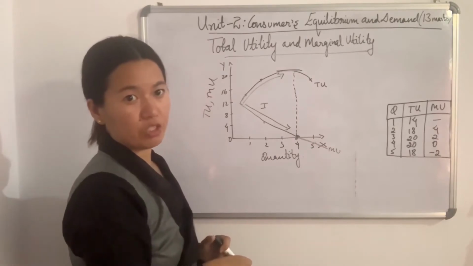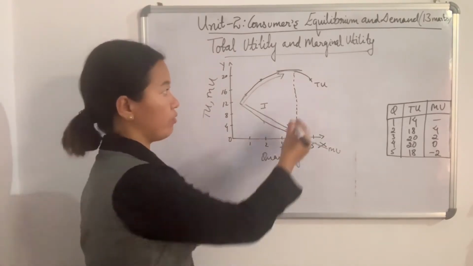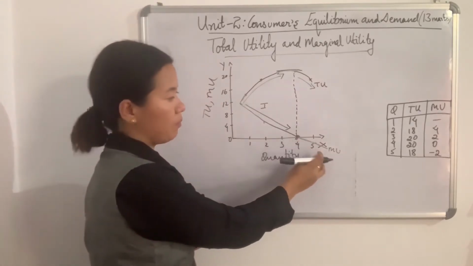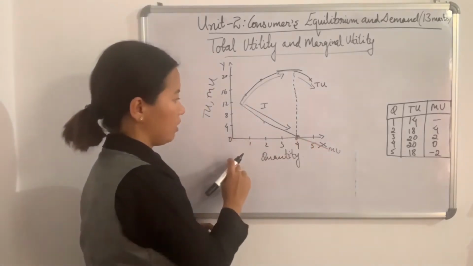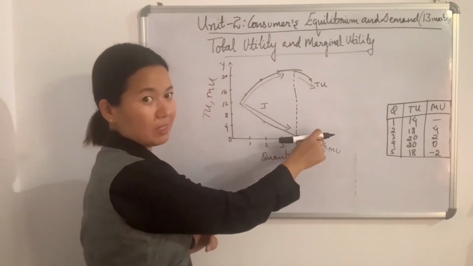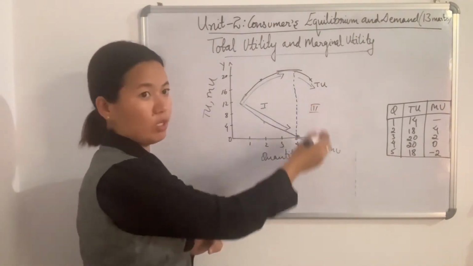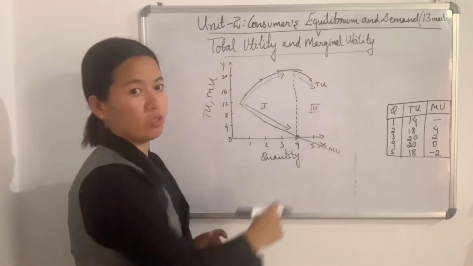This is the second relation. And when your total utility falls, the marginal utility becomes negative, that is, it passes through the x-axis and then falls down. This is the third relation between total utility and marginal utility.